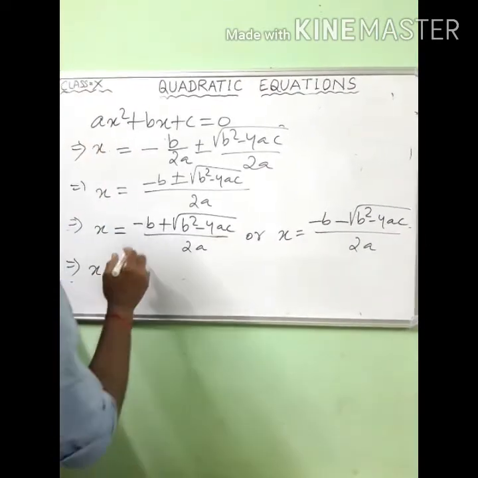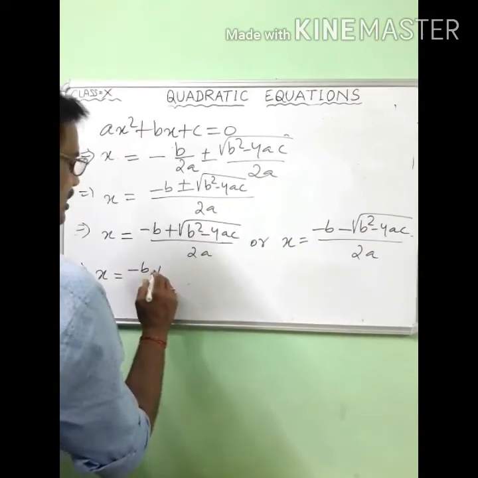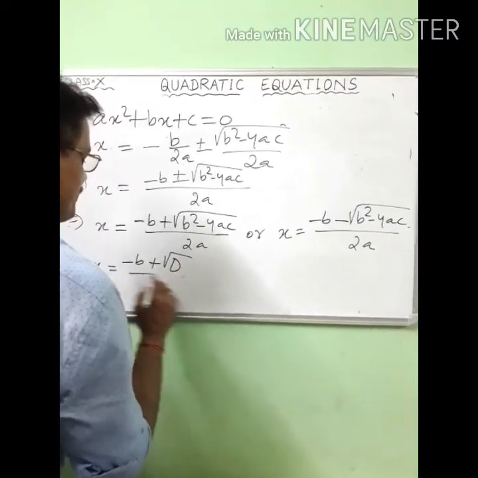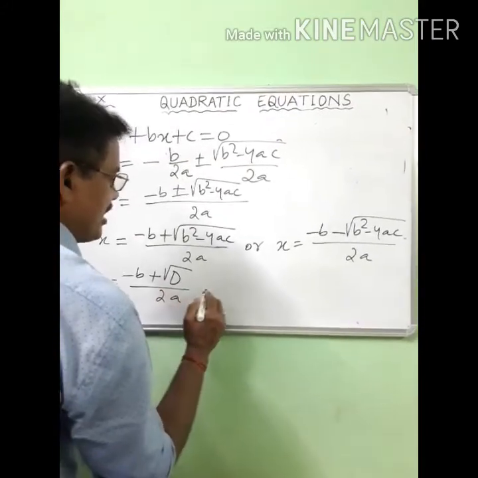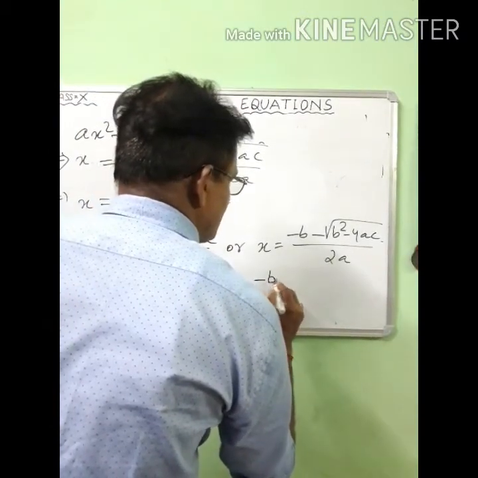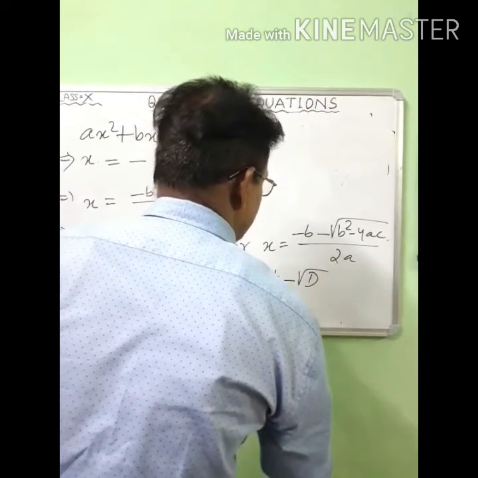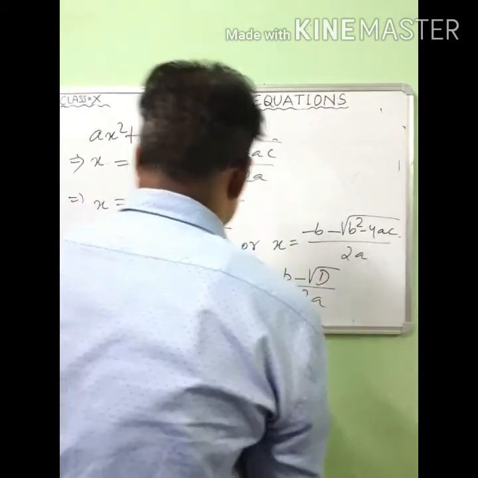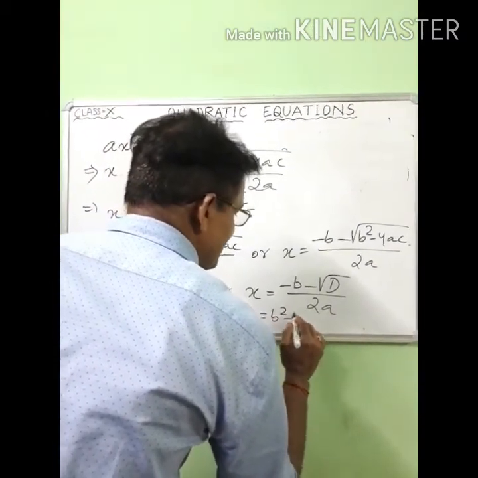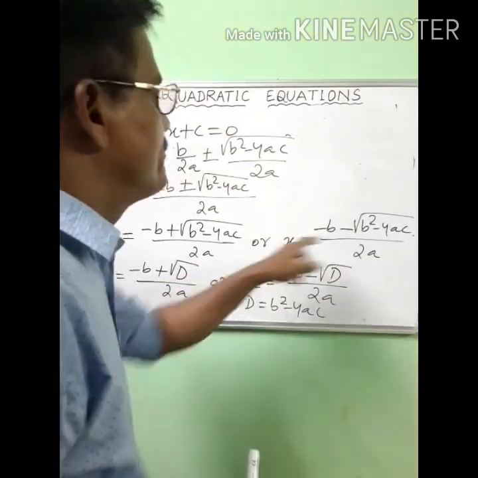We can also write it like this: x is equal to minus b plus root over capital D by 2a, or x is equal to minus b minus root over capital D by 2a, where D is equal to b square minus 4ac.